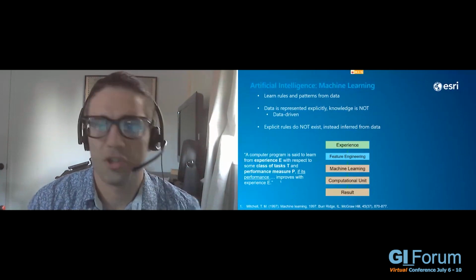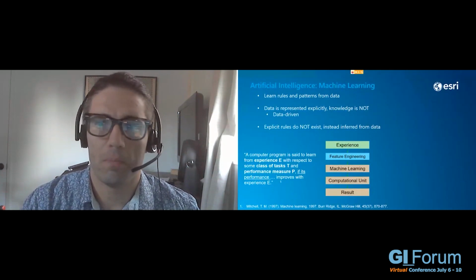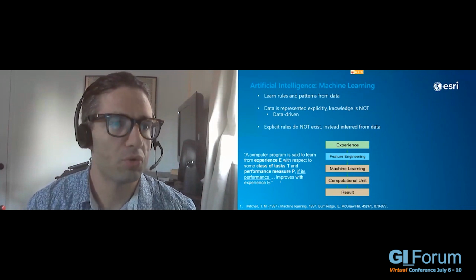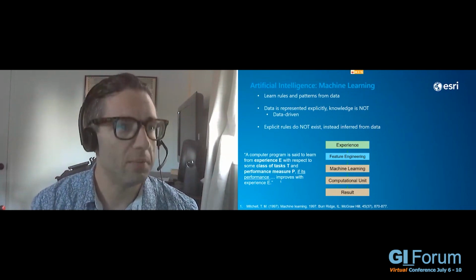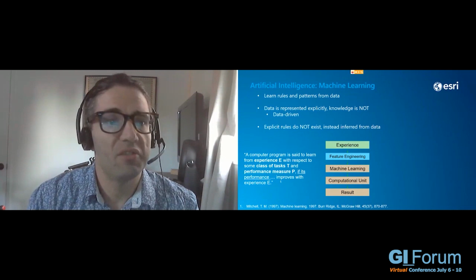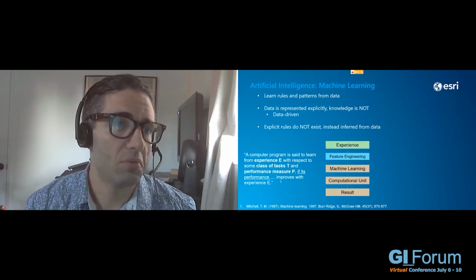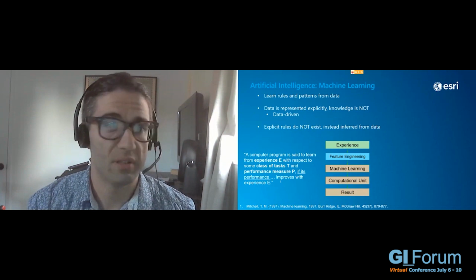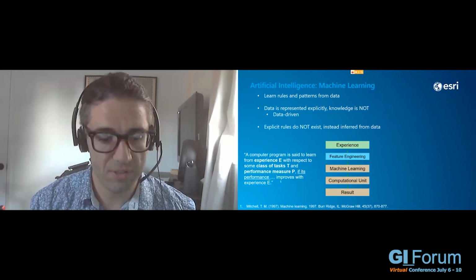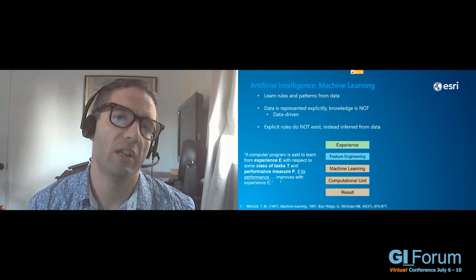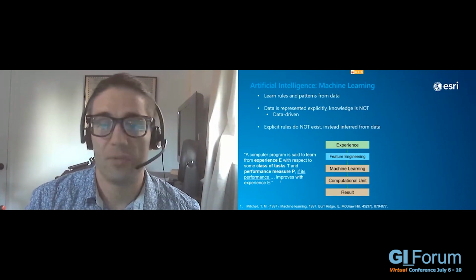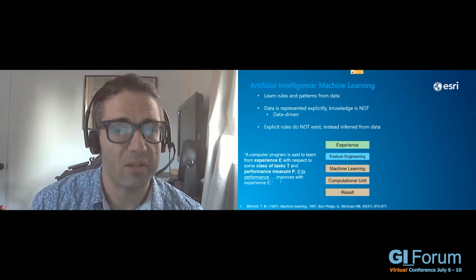And machine learning just turns this upside down. Instead of imposing rules, we learn rules and patterns from data. And data is here represented explicitly. And we are not imposing knowledge, but we are just stating that this is the data, these are the set of models, and this is what I'm trying to achieve. And we develop machine learning methods to extract knowledge.